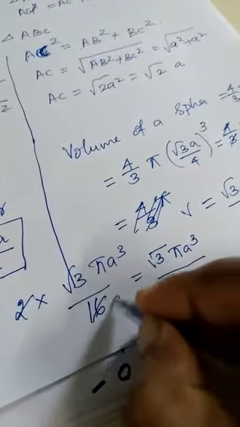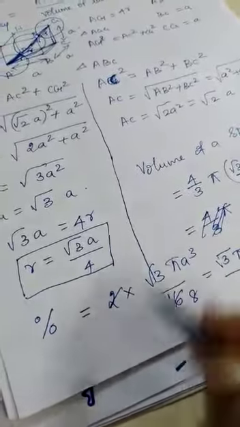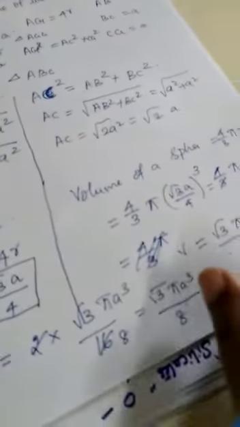Cancel this and you will get 8. Now I am going to substitute this into the total percentage. So I simplified with the 2, and I got the answer root 3 pi a cube by 8.